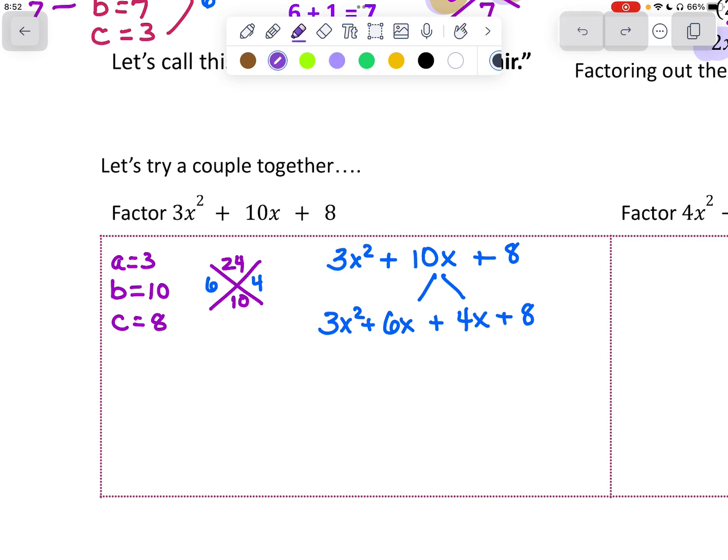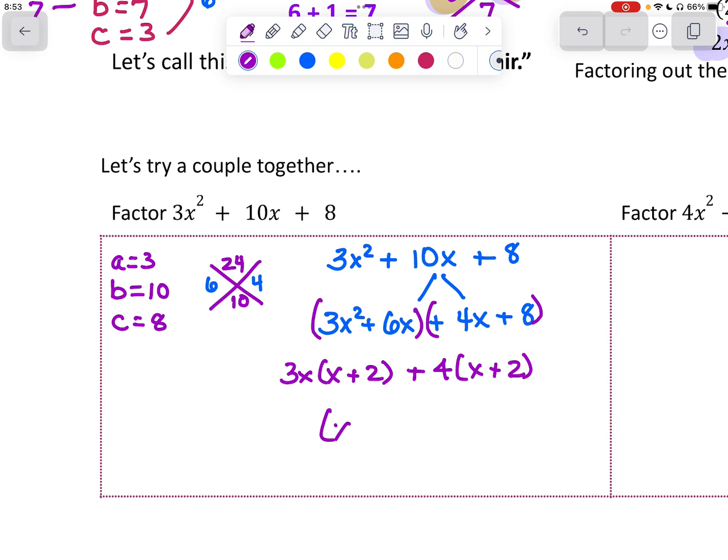Now I'm going to group the first two together, the second two together, common factor of 3x, common factor of 4, and then they share the x plus 2, and the leftover part is 3x plus 4. So the shared factor is here. Bring down the shared factor. The leftovers become the second factor.